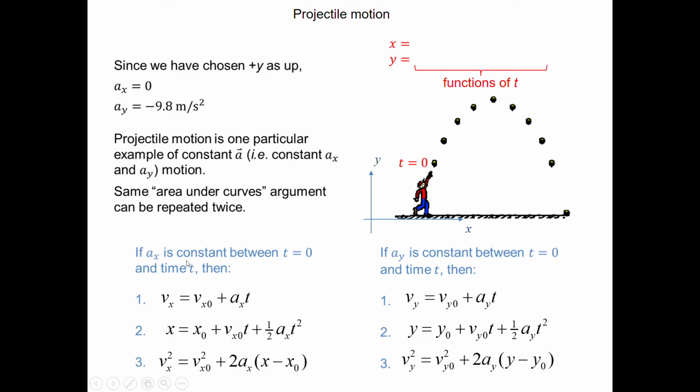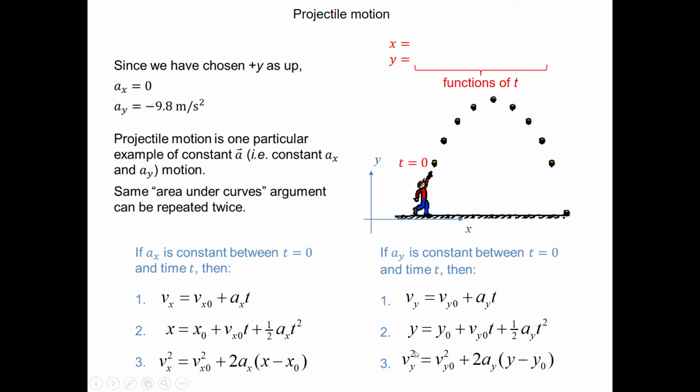So if the x acceleration is constant between t equals 0 and some later time t, then these 3 familiar kinematics equations still hold. And similarly, the assumption that ay is constant, producing the same argument again, gives the same set of kinematics equations, but notice the important difference is that everywhere there's an x on this side, there's a y on this side. So all the x's over here change to y's.